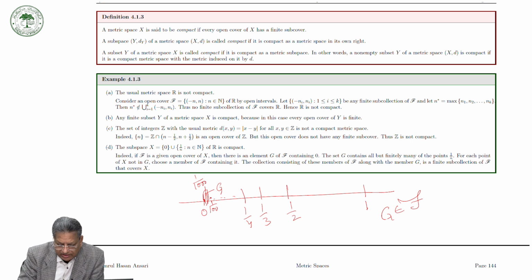Take this, and then from here it may be 100, 1000 or something, and the rest of the sets are finite, and you include this set.